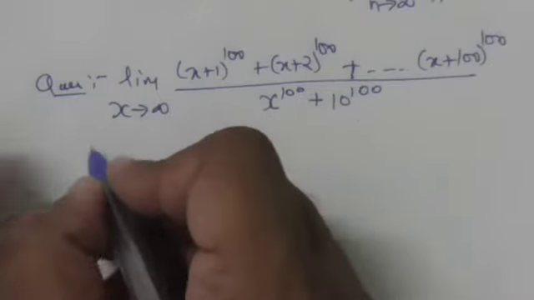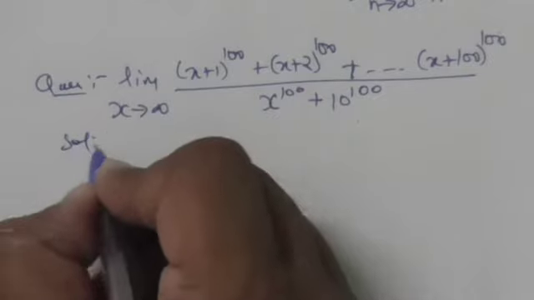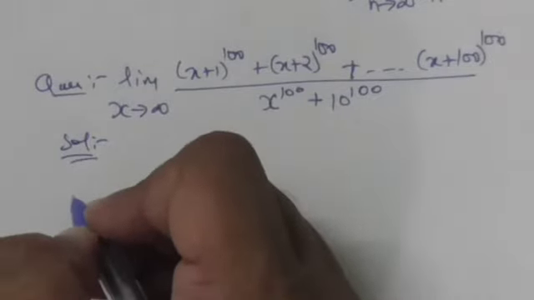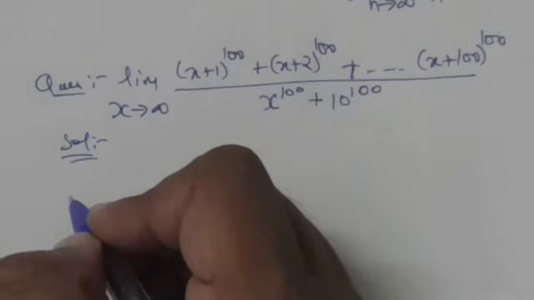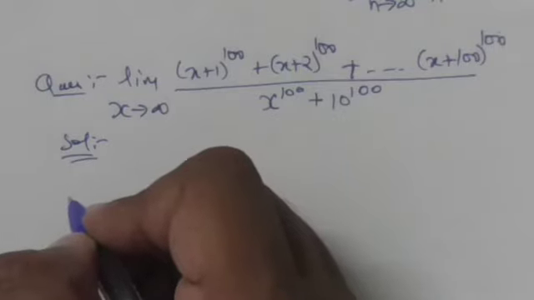So in this case, what we will do, we will divide both numerator and denominator by x raised to power 100. Right?